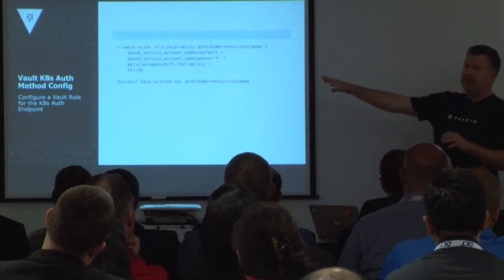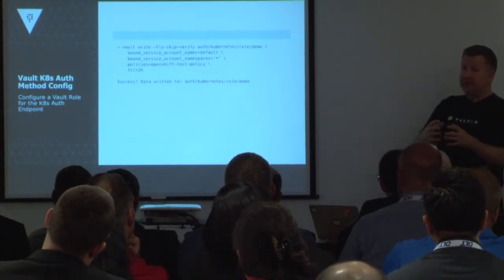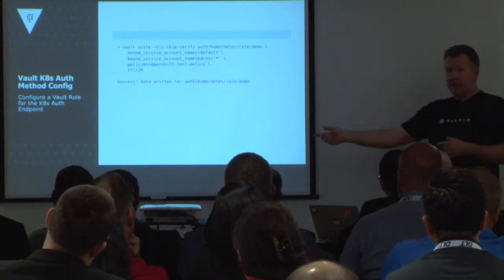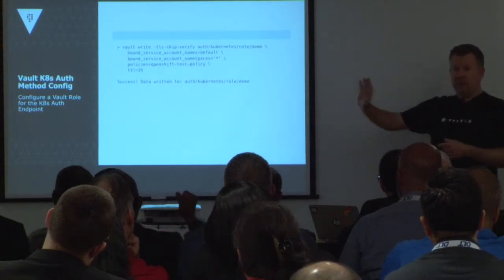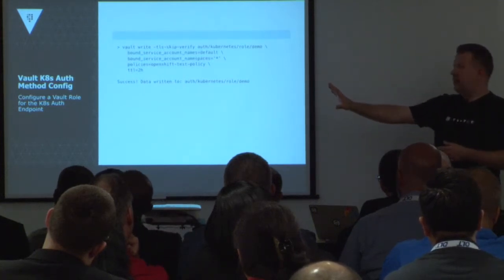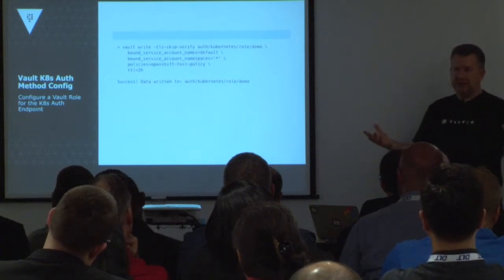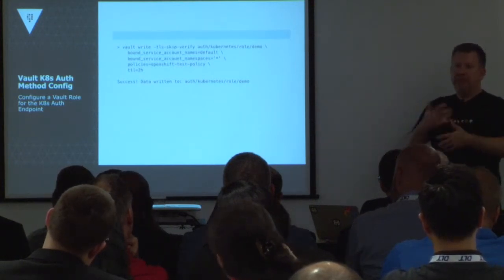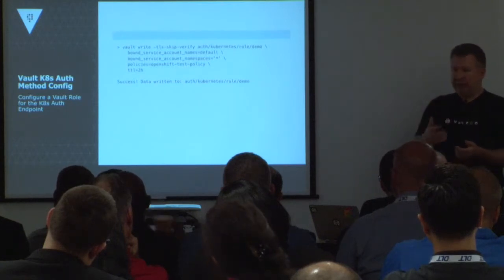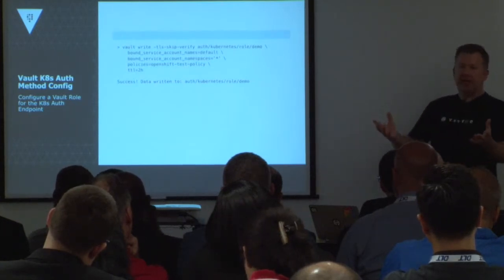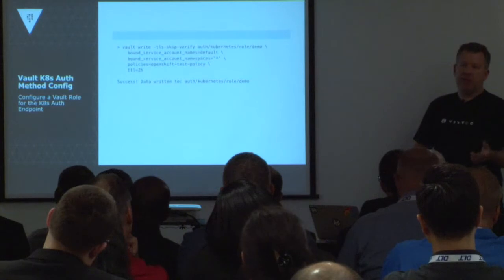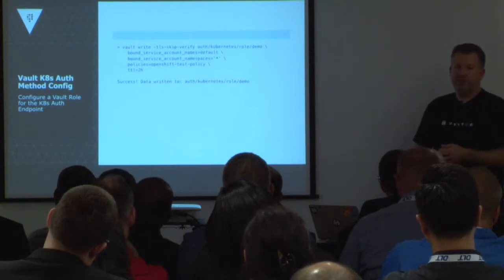Don't forget, this TTL is really only scoped to the token itself. Secrets that we're grabbing from Vault using this token might have their own TTLs as well, right? So the idea is you have to look at your whole application delivery lifecycle. How often am I renewing these tokens? I'm happy to get through this, and we can talk more afterwards in the Q&A about more details around that, right?